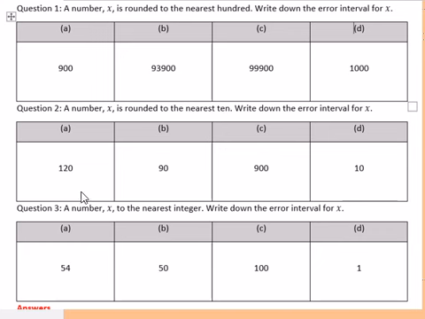So write an inequality for every number x could have been to round to this number to the nearest 10. And then the bottom one, question 3, these numbers have been rounded to the nearest whole number. So write the inequalities for every number that these could have been to the nearest whole number.